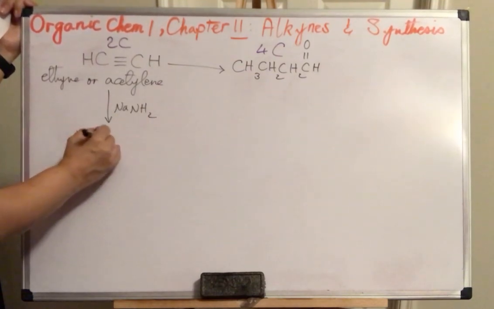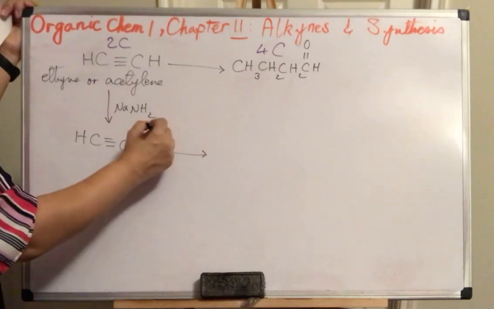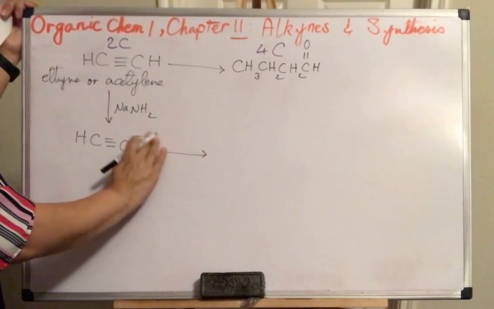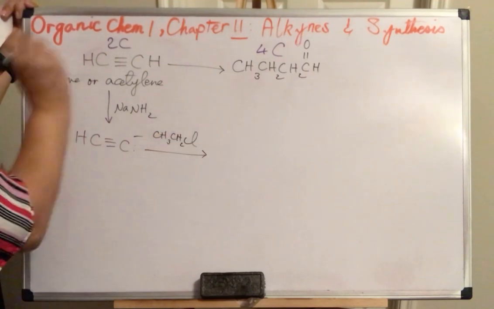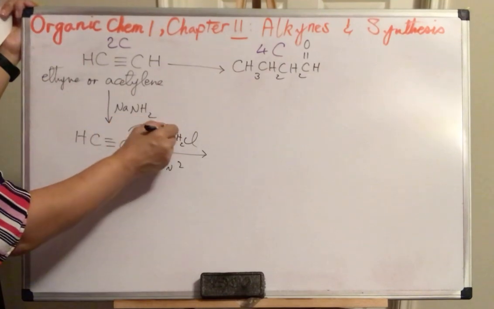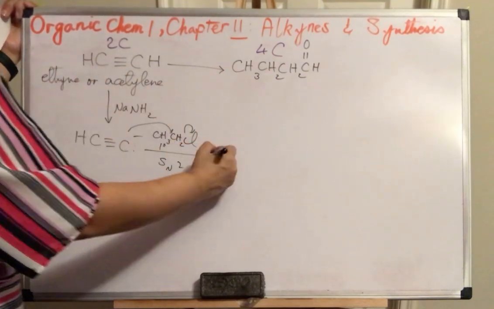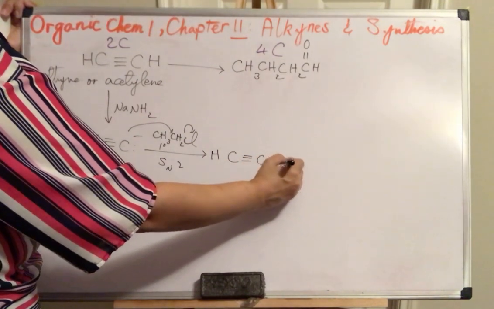So we will have this compound. We need 2 more carbons, so CH3, CH2Cl as a primary alkyl halide. SN2 reaction happens. So we have H, CH2, CH3.